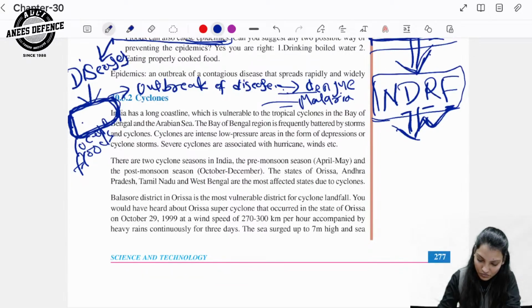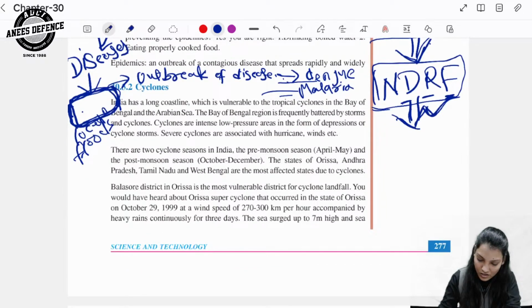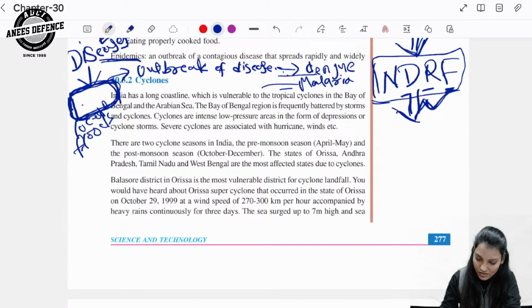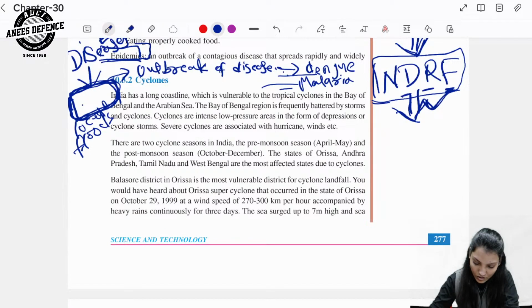And what is the special feature of epidemics? These are all contagious diseases, which can spread very rapidly. Because of flood, you will have the impact of these diseases. So you need to take measures in advance before the flood comes.